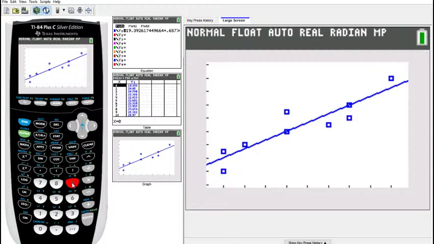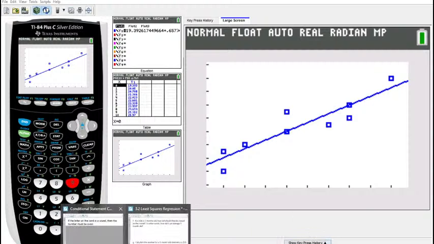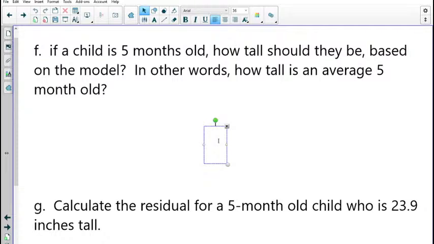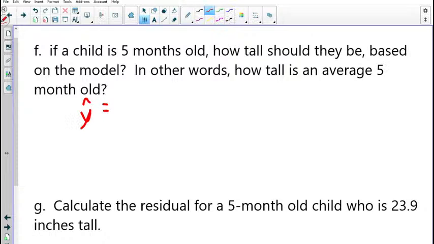And what we can do here is we can get a predicted value out. So in other words, what we're trying to do in part F is if a child is 5 months old, how tall should they be based on the model? And so what we're going to do is we're going to take 5 and put it where?